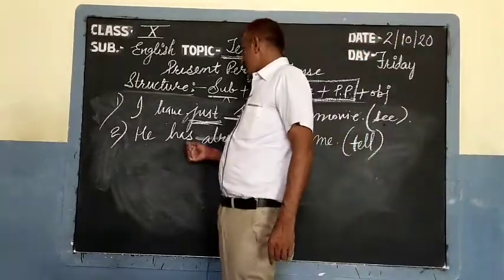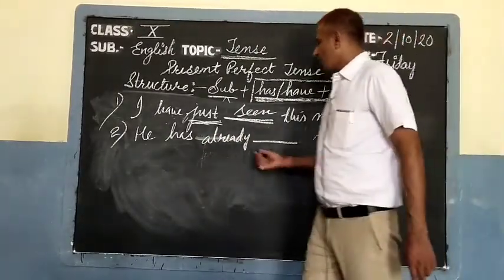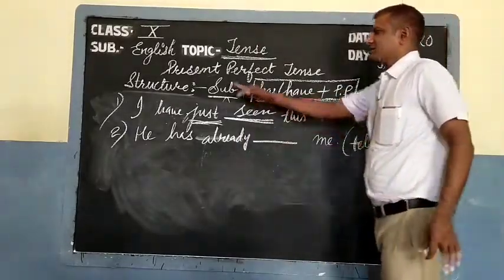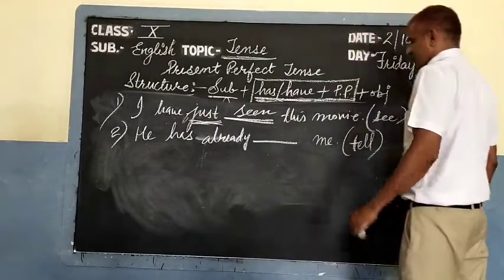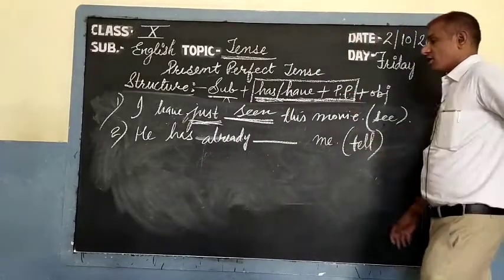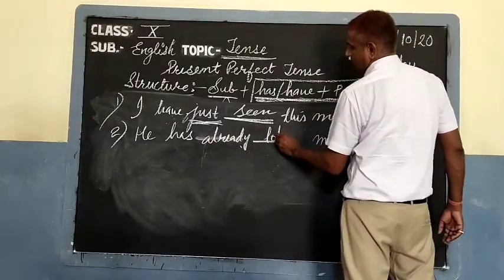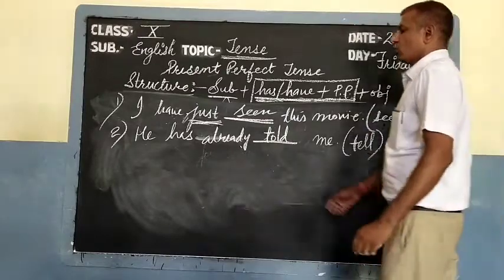Now already is there, after has/have, so it means present perfect tense, and according to present perfect we use the past participle form. The past participle of tell is told. So, he has already told me.